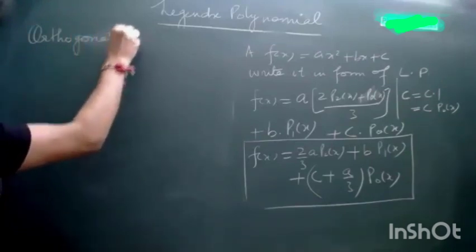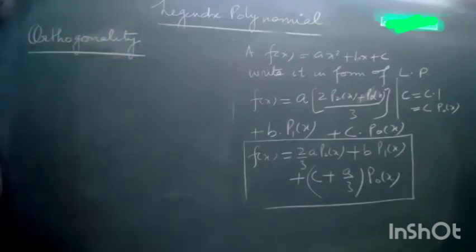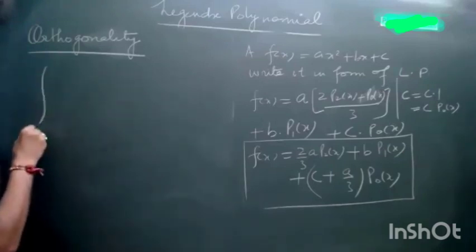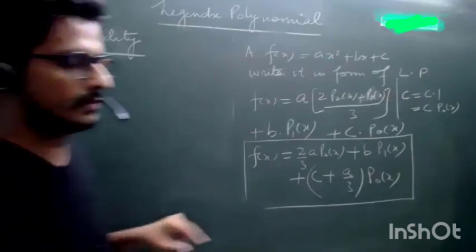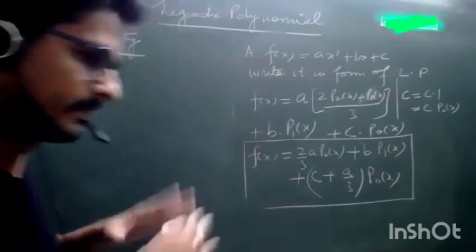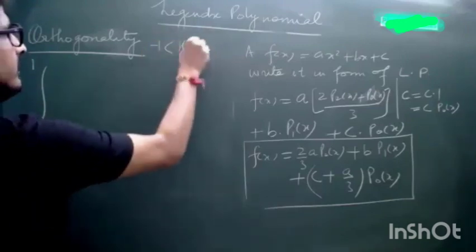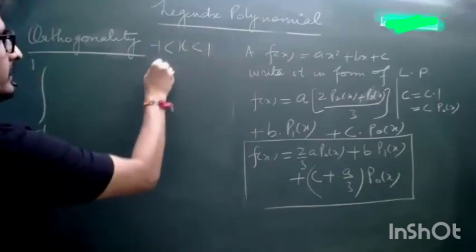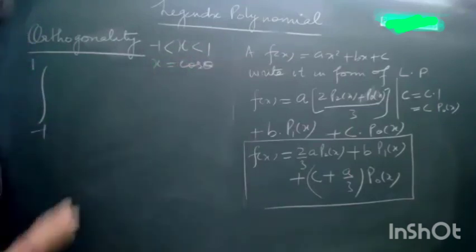The orthogonality relation of Legendre polynomials is given by an integral from -1 to 1. Why -1 to 1? Can anybody tell? Because x lies between -1 and 1, since x was equal to cos theta. I told you in the derivation.